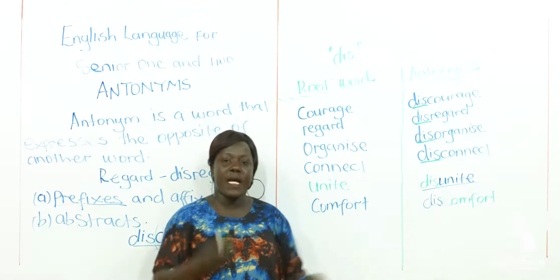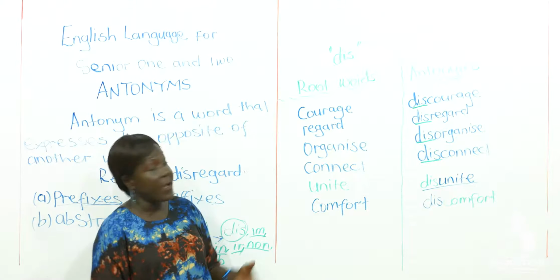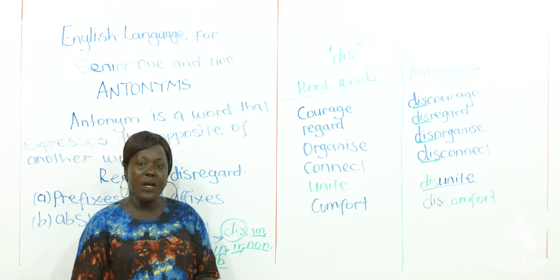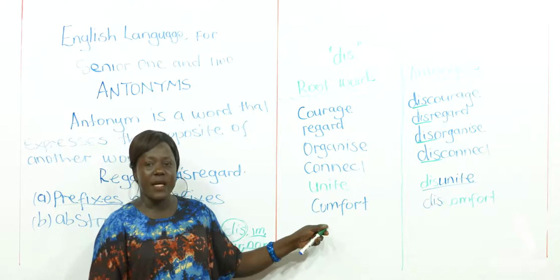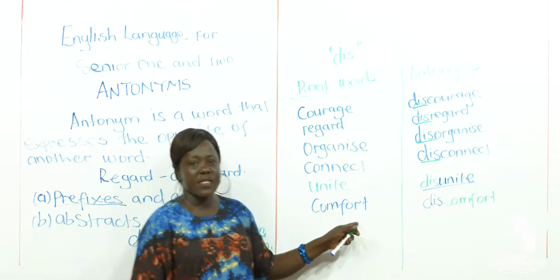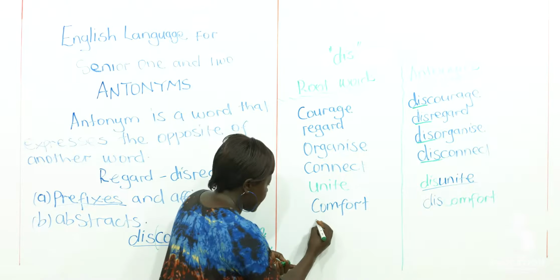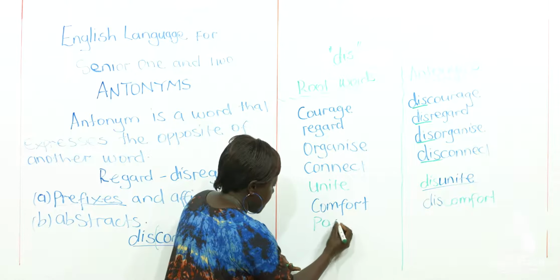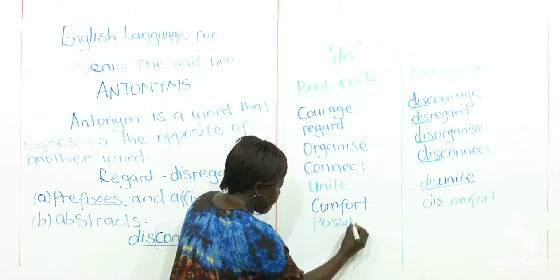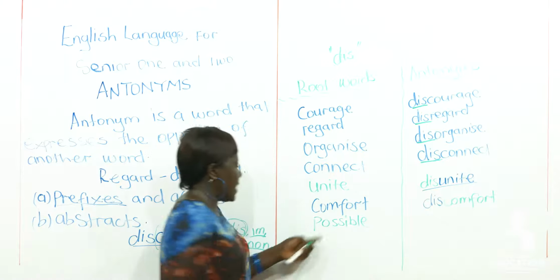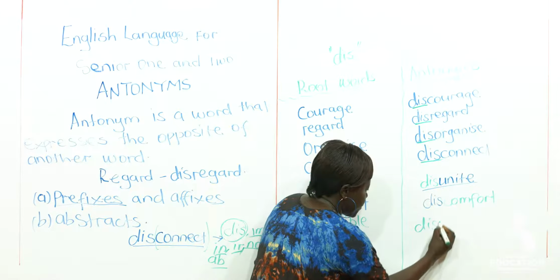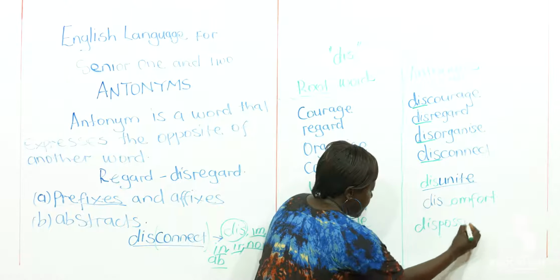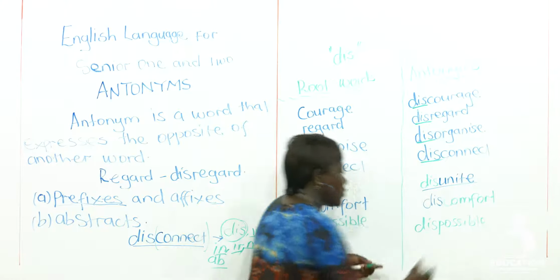But you have to be very careful. Don't put this anyhow, anywhere. Because some of you will come and say, you write any word here, then you put this. For instance, if you write the word possible, then you bring here and say disposable. It will be wrong.